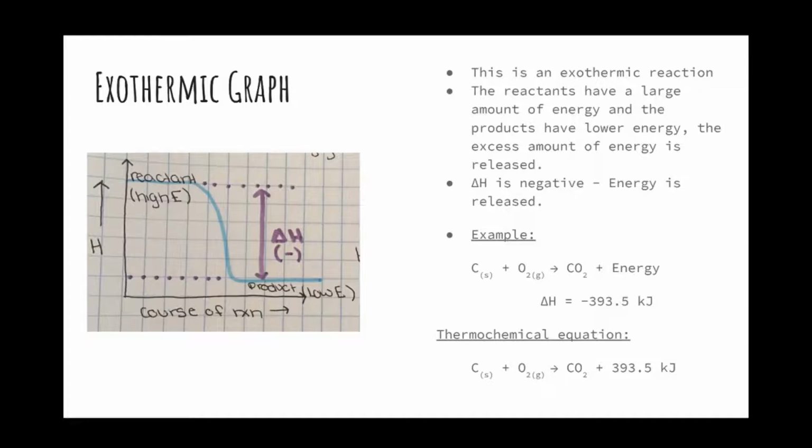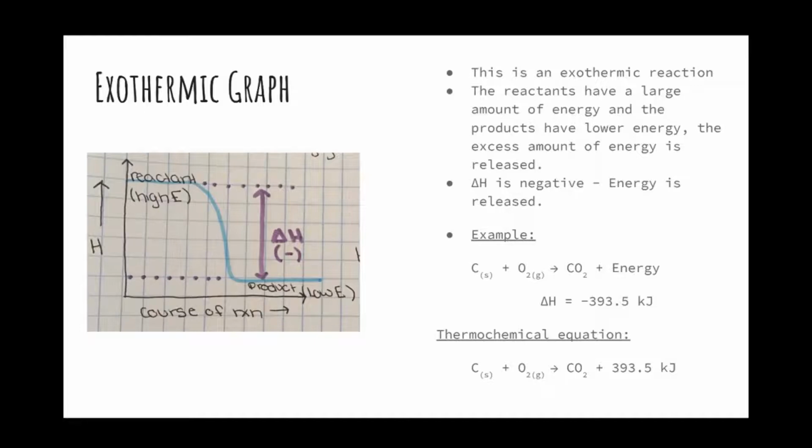If we have reactants that have a large amount of enthalpy associated with them, and they produce products that are lower in energy, that change in energy has to go somewhere. What happens is that energy is released, like the excess amount. If you think of something that has a lot of energy, that energy needs to go somewhere in order for it to be lower in energy.